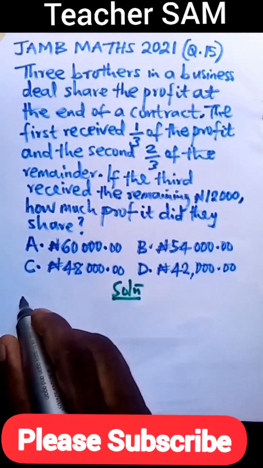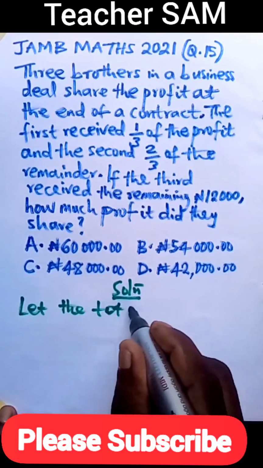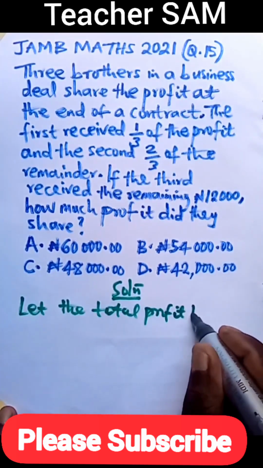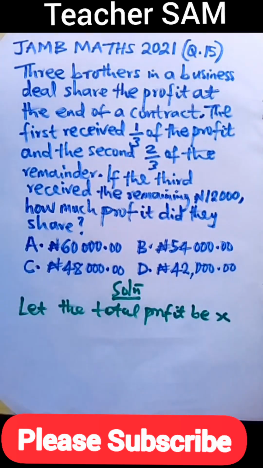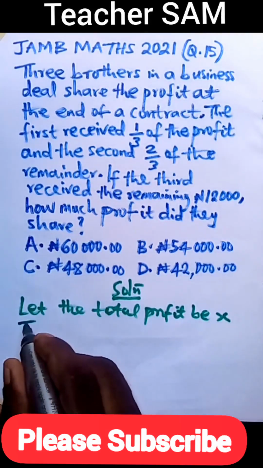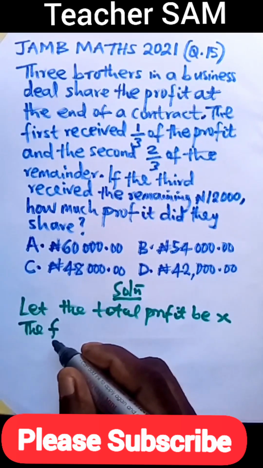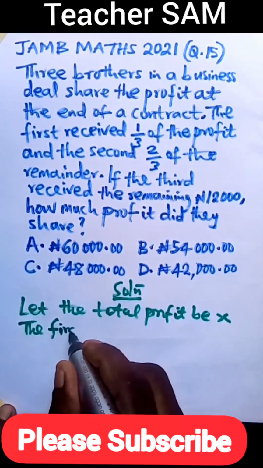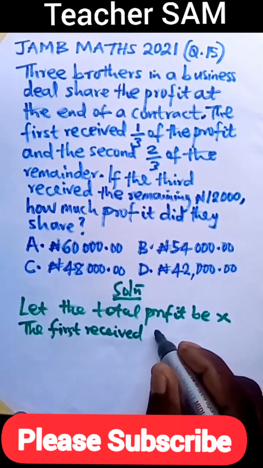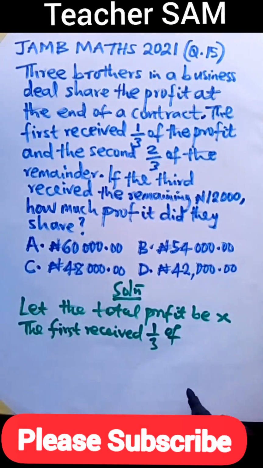Let the total profit be X. Now we are told that the first received 1/3 of the profit.